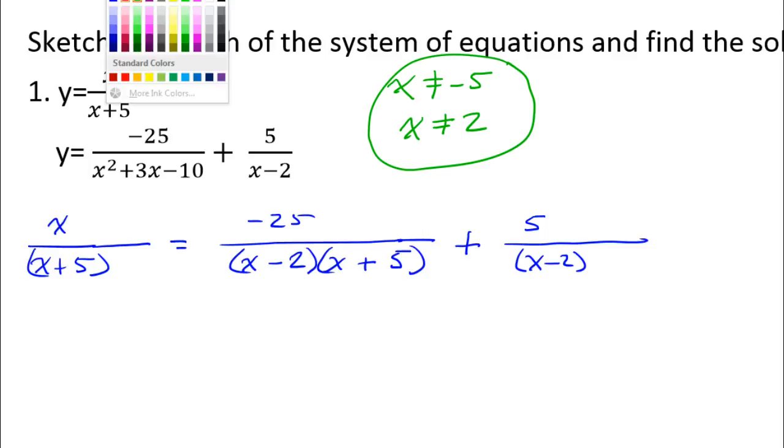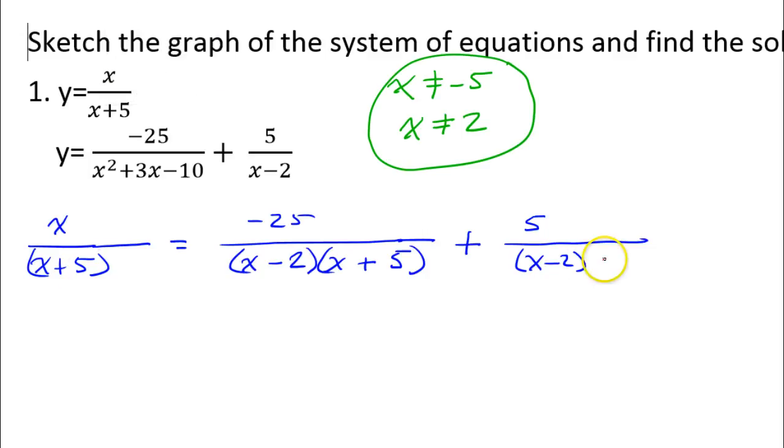Now our strategy will be to make the denominators the same and then cancel out those denominators. So this denominator has x plus 5 and x minus 2. So if I give this denominator an x minus 2 factor, now they're the same.